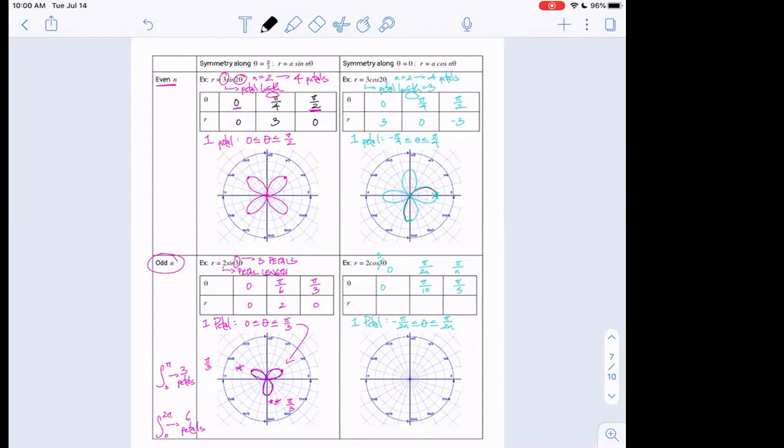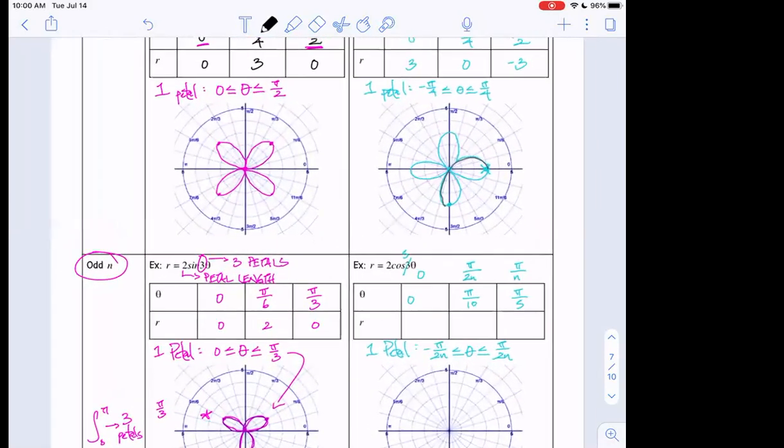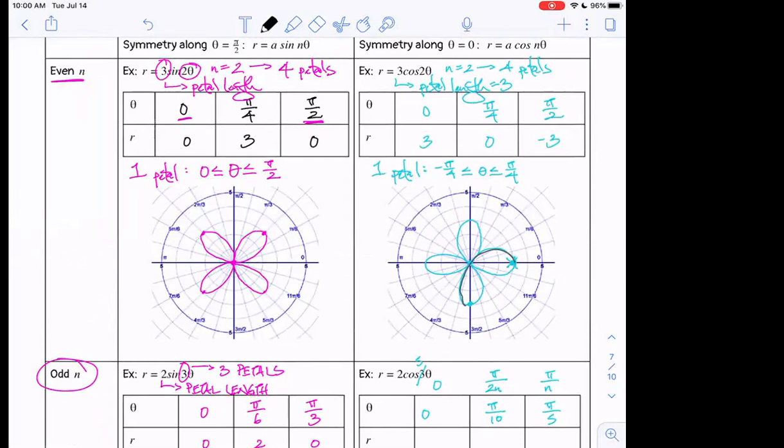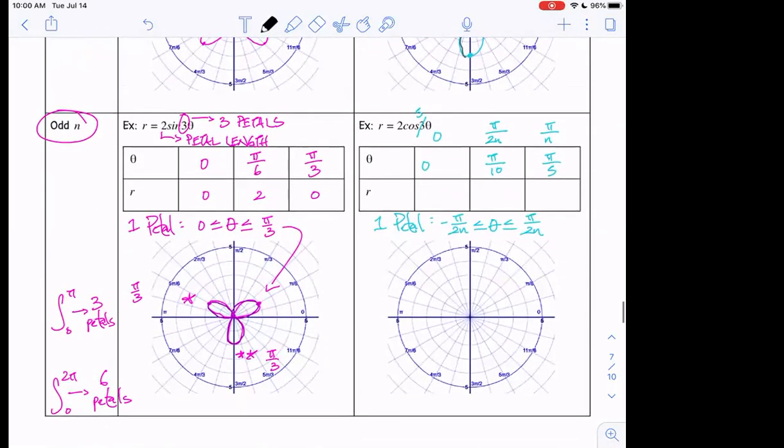Now that means that I go all the way around the unit circle, from 0 to 2 pi. If I only go from 0 to pi, I will only see half of the number of petals. So in general, with the even ones, we're going to integrate from 0 to 2 pi if we need to find all of the petals. But then at the end of class, we talked about this, which is definitely important: if we integrate from 0 to 2 pi for odd numbers, we'll actually get twice as many petals, but they're on top of each other.